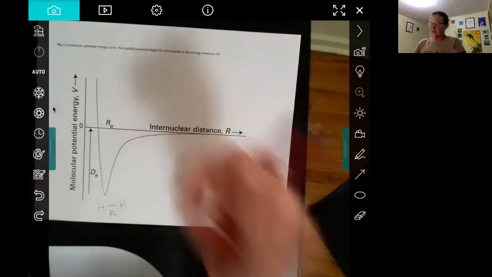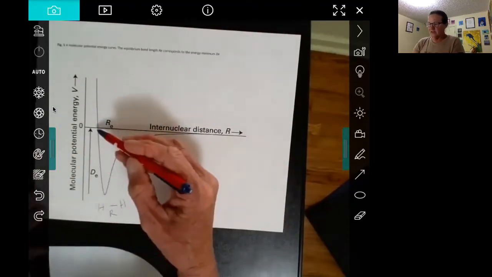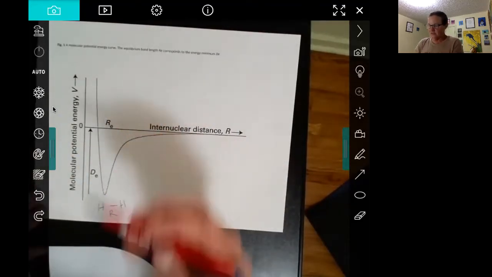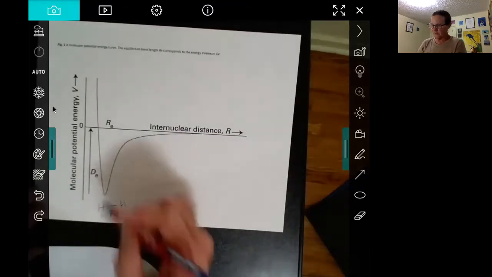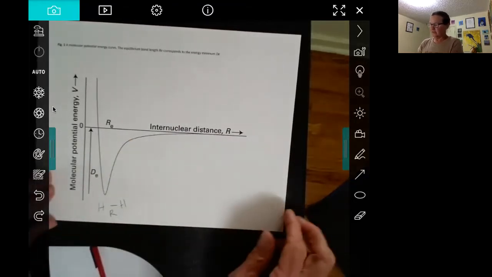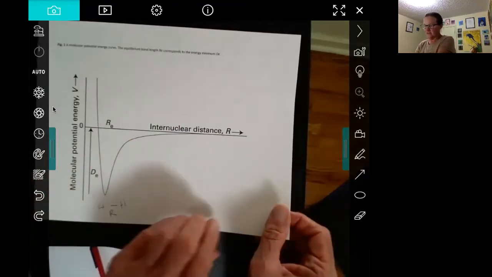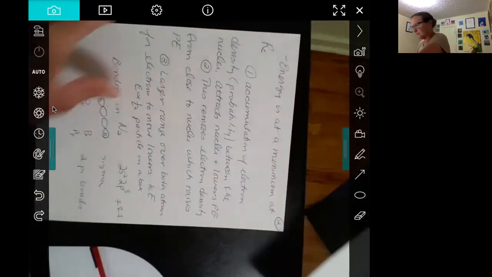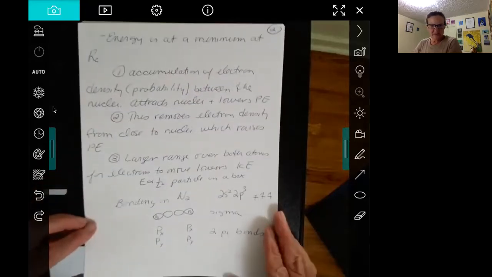And then if you try to keep pushing them together, the nuclei start repelling each other. And so there's going to be this perfect place at which we say the hydrogen molecule's bond length is optimal. So energy is at a minimum at that RE.